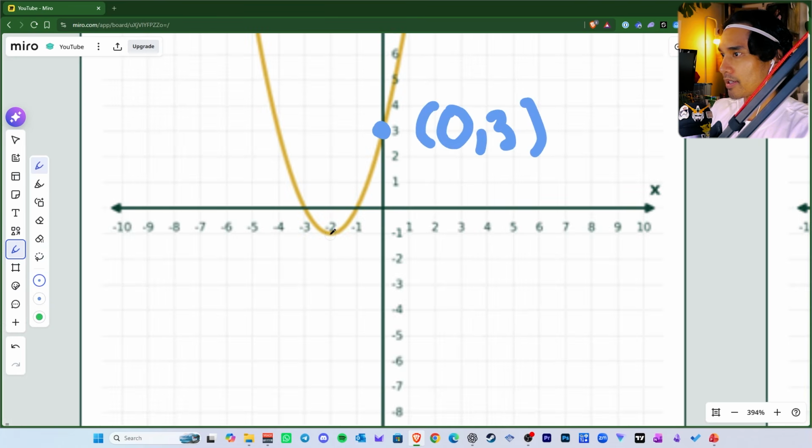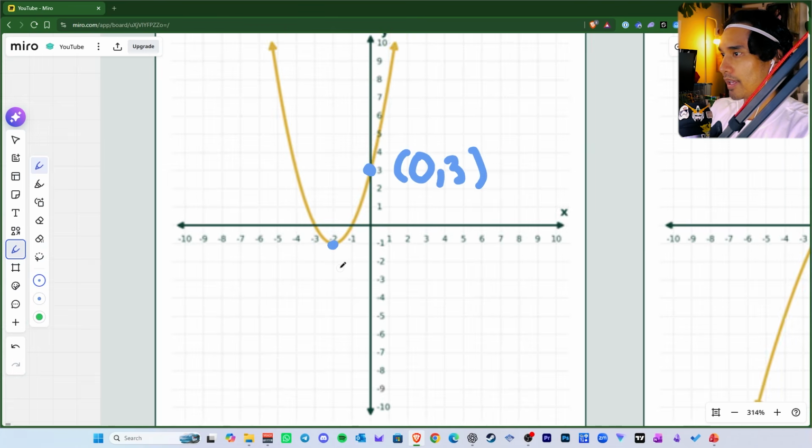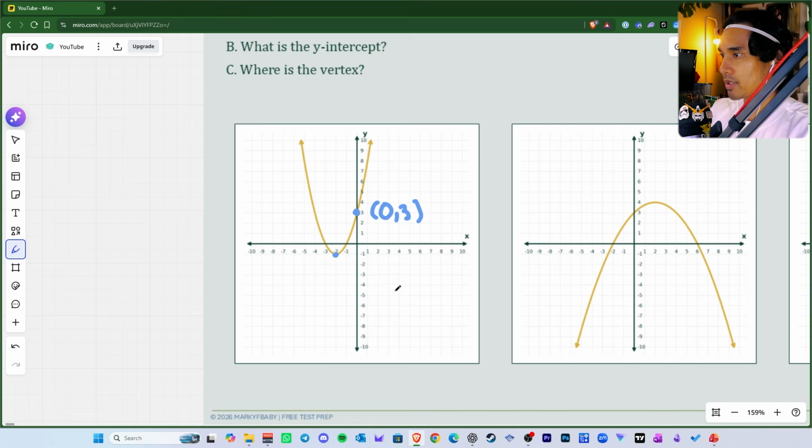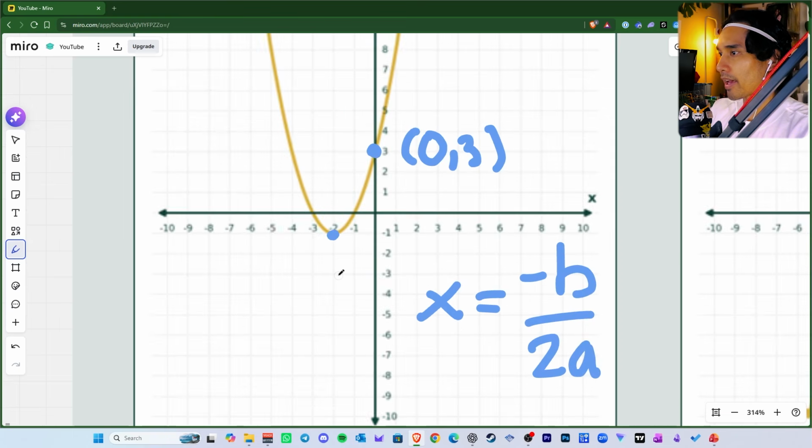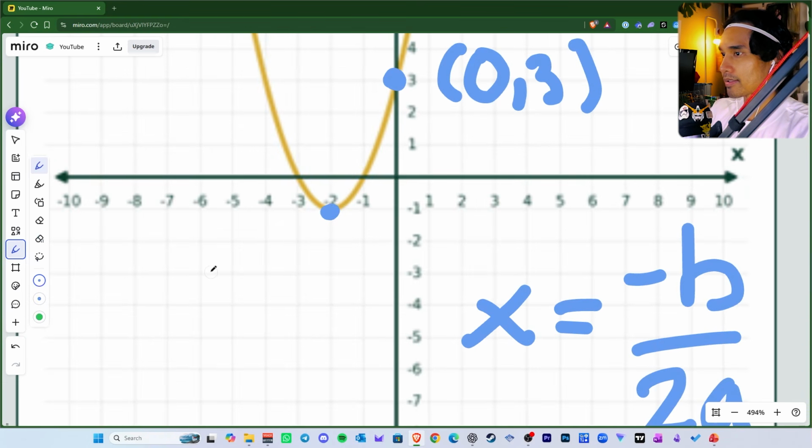Where's the vertex? Okay, the vertex is right here. And in order to get the vertex, we must use the equation x is equal to negative b over 2a. But we don't have that. We could just eyeball it and say the vertex is at, and let me just erase this so it gets out of the way, negative 1, comma, negative 2.